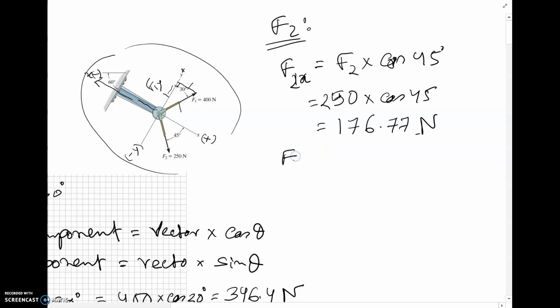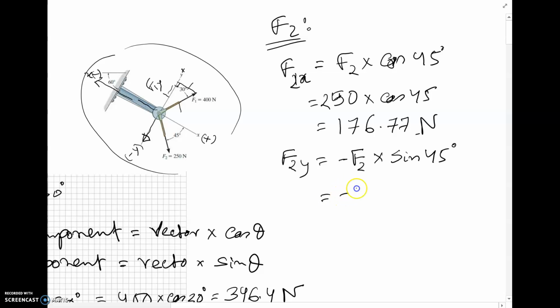Now let's take the component of F2 on the y-axis. The component will be in this direction, which is the negative side of the y-axis. That's why the value of y will be negative. Then we can say F2 multiplied by sine 45 degrees, because for this 45 degree angle, this side is the opposite axis.